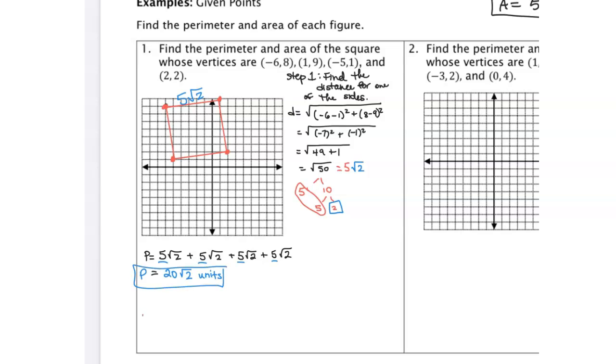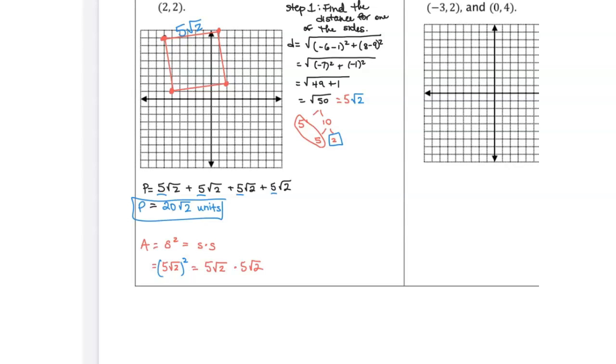As far as our area, it is equal to our side squared, or the same as side times side. So in this case, we'd have 5 times the square root of 2, and we are squaring it, which is once again the exact same thing as 5 times the square root of 2 times 5 times the square root of 2.